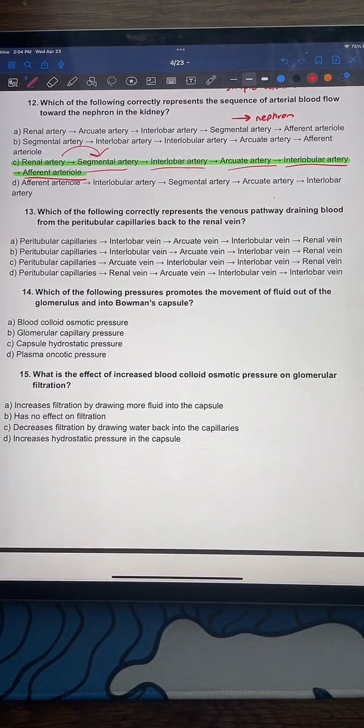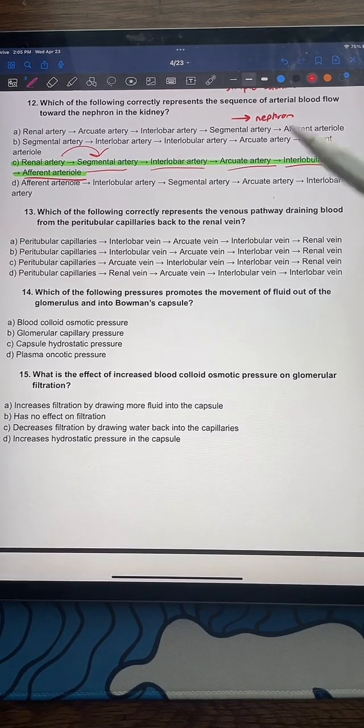Number 13. Which of the following correctly represents the venous pathway that drains the blood from the peritubular capillaries back to the renal vein? So I think pretty much when it comes to artery versus venous pathways, they're pretty similar.